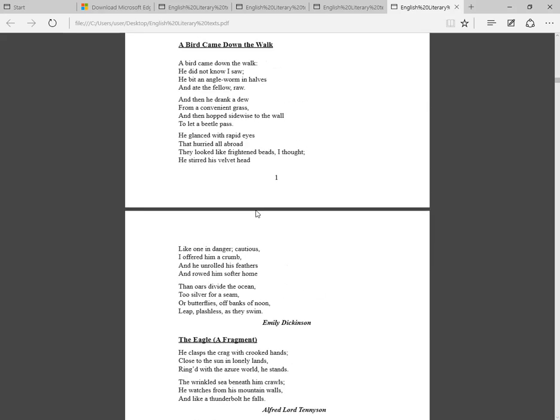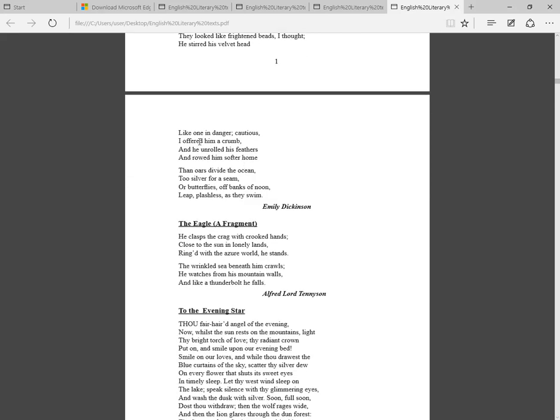Now in the same poem, there is another rhyming pattern. Like one in danger, cautious, I offered him a crumb, and he unrolled his feathers and rowed him softer home. What is the pattern?